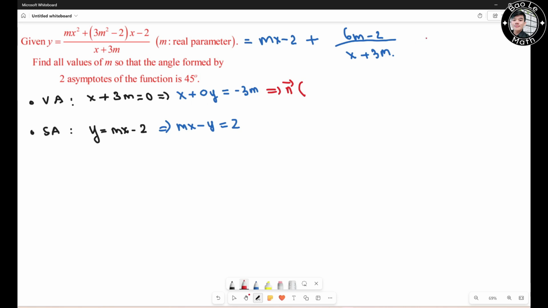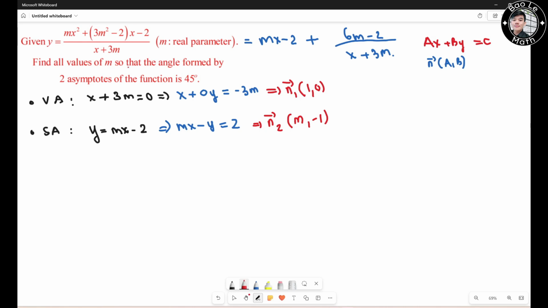We know that for the equation ax plus by equals c, the normal vector is (a, b). So it turns out to be (1, 0). Now for this one, the normal vector turns out to be (m, -1). This is n1, this is n2.